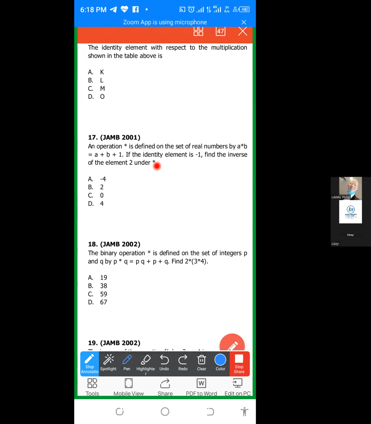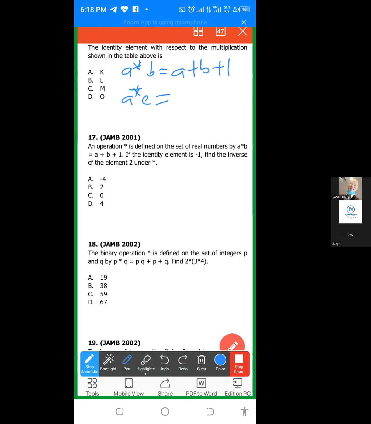Okay, so I'm going to work with this formula: A star B is equal to A plus B plus 1. The condition for an identity element is that A star the identity element must give you A back as your answer.